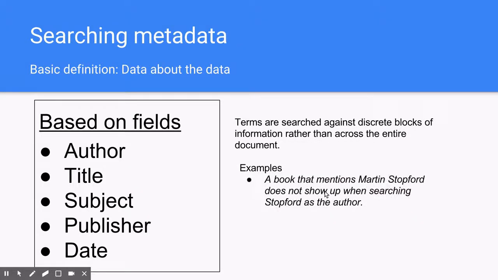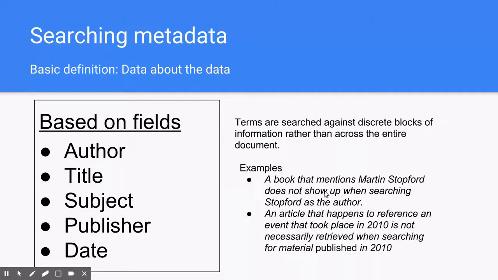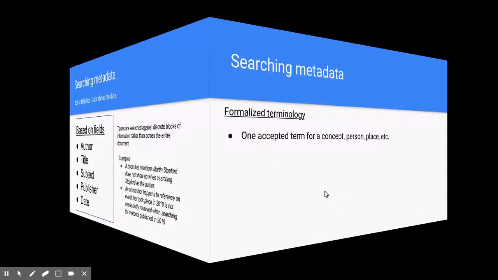So an example would be you don't want anything about Martin Stopford. You want just what Martin Stopford wrote. So you would type his name in the author field. The same thing, you're not necessarily interested in something that took place in 2010. You're looking for something that was published in 2010 or since 2010. And so you would use the date field that's available in the metadata.